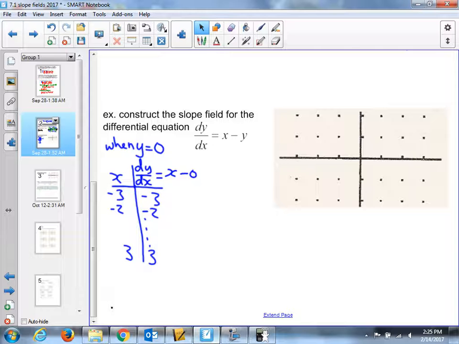That means, using this equation, x minus 0, all along the x-axis. Well, let's start with the easiest one. When x equals 0, we got a slope of 0. When x equals 1, the slope is 1, right? Now, that's 45 degrees. When x equals 2, the slope is 2.